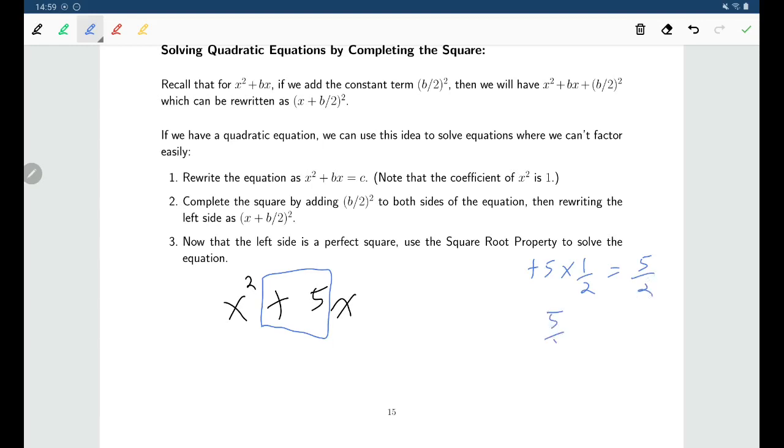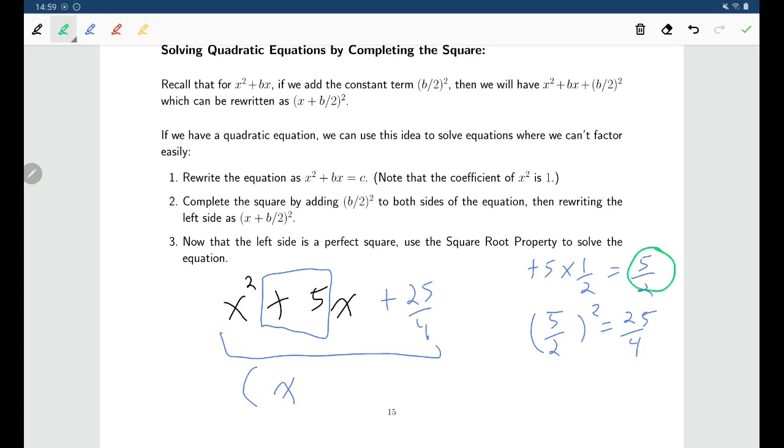Then we would take that and square it to give us 25 fourths. And that would be the amount that would need to be added on so that what we have would be able to be written as the perfect square. And it would be the perfect square x with the half of 5, all squared.